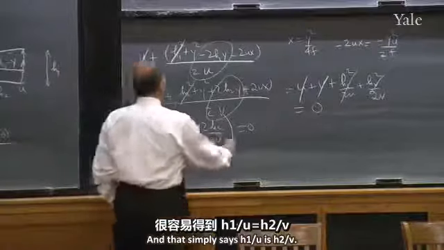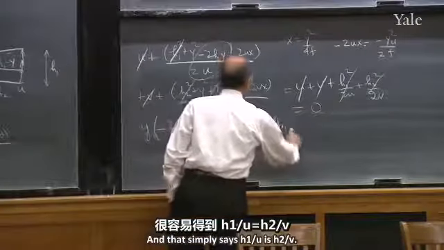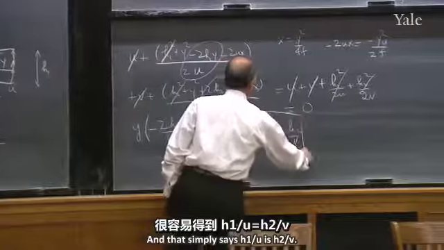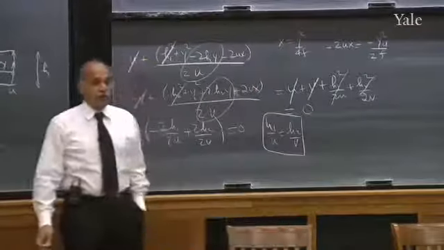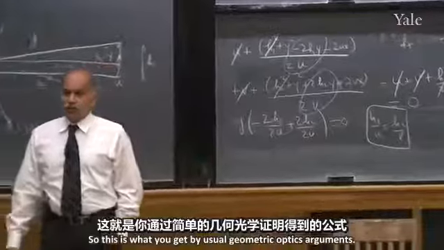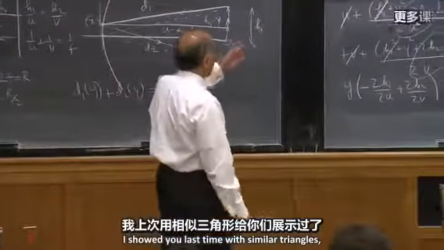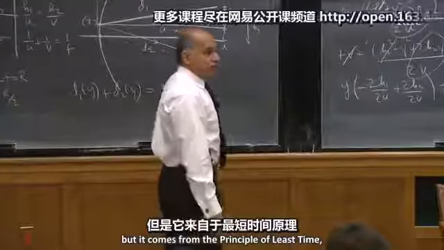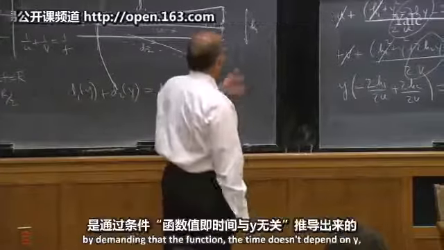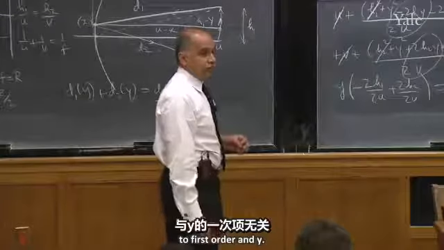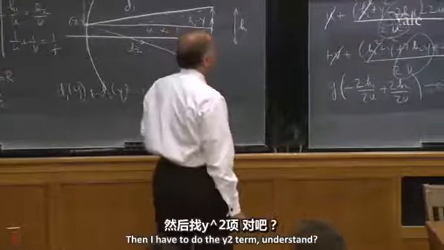And that simply says h1 over u is h2 over v. This is what you get by the usual geometric optics arguments I showed you last time with similar triangles, but it comes from the principle of least time by demanding that the time doesn't depend on y to first order in y. Then I have to do the y squared term.